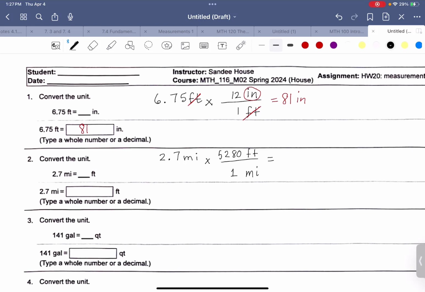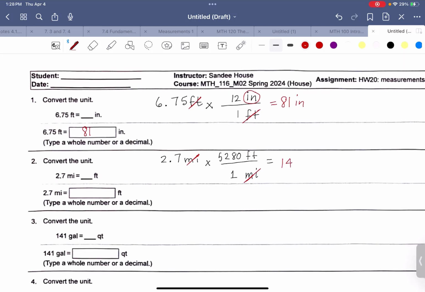And so all I have to do is know that the miles are gone, and my answer would be 2.7 times 5,280, and I get 14,256, and now my units are in feet.